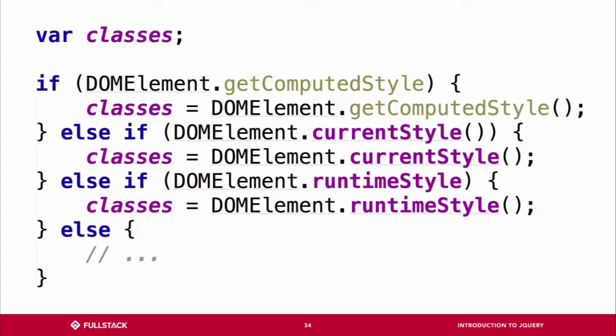So you looked at the if and the else if. Maybe one type of browser would have something called getComputedStyle. Another type of browser might have something called currentStyle. Yet another one might have runtimeStyle. And you would have all these if-elses to deal with it.